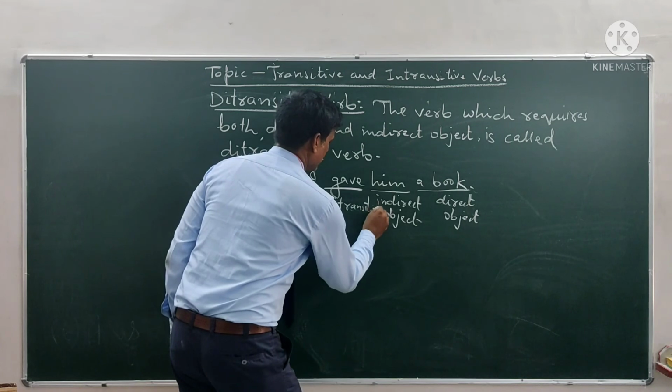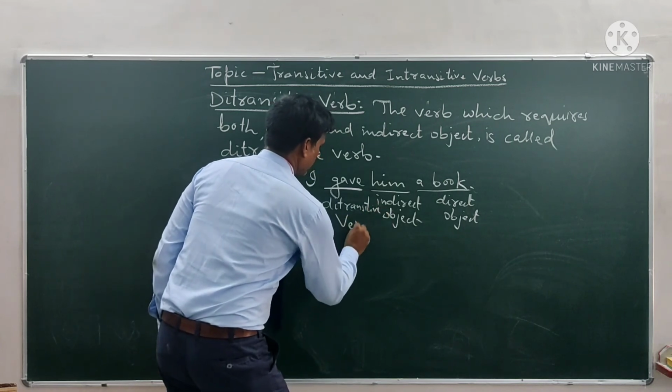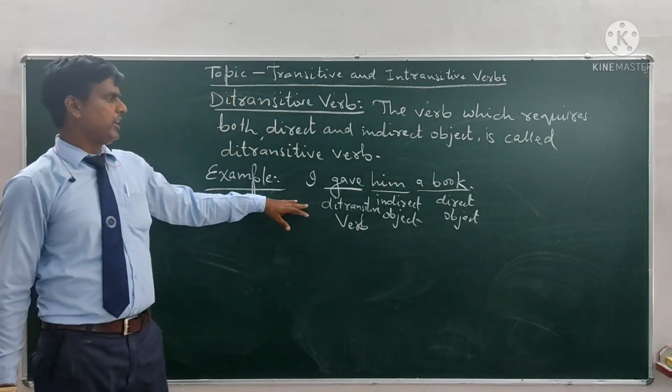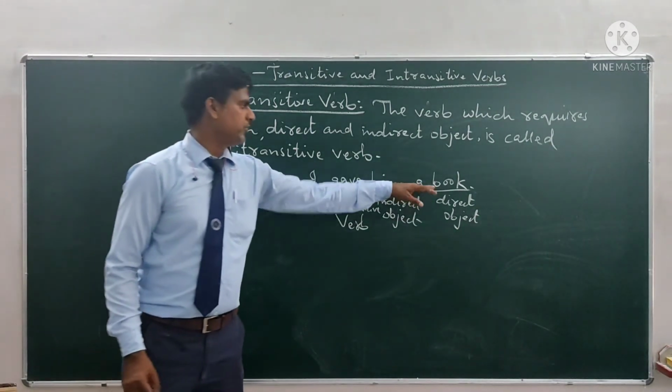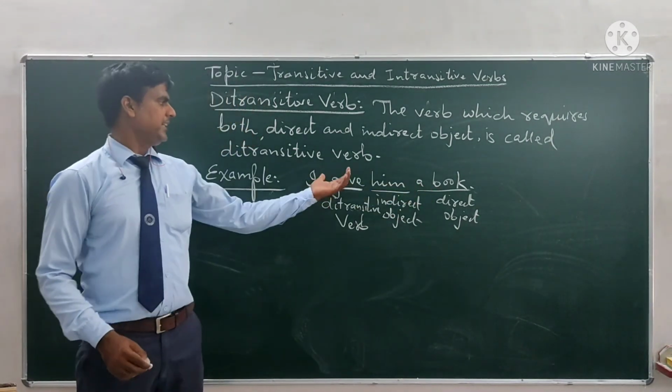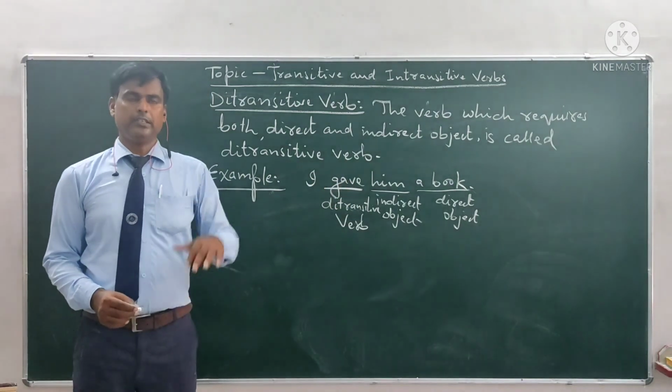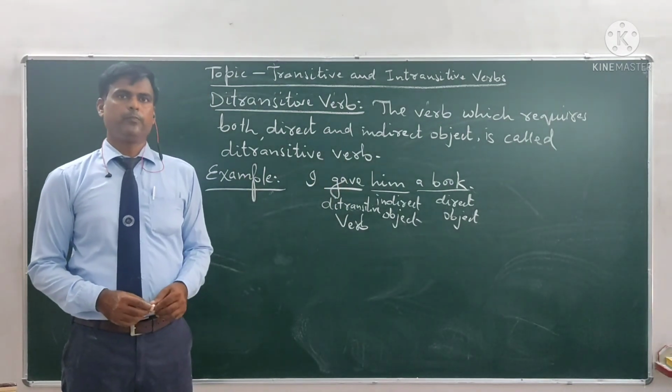Ditransitive verb. Okay? In this sentence, we have two objects. One is direct object and one is indirect object. That's why this verb is ditransitive verb.